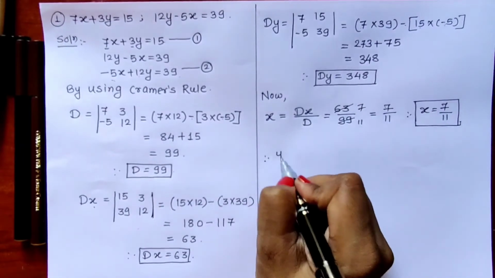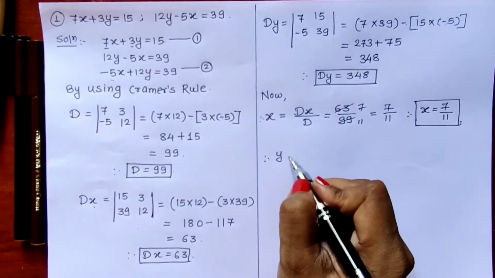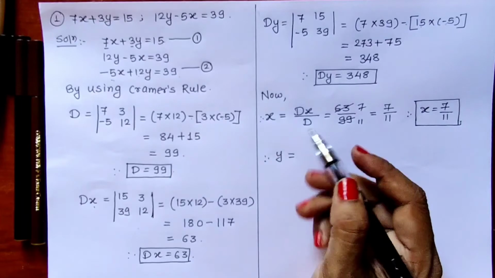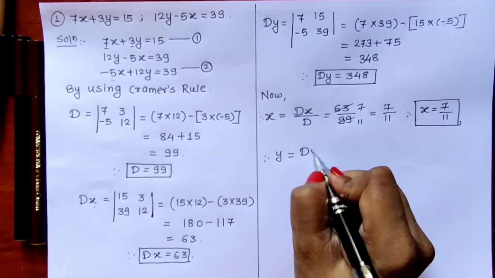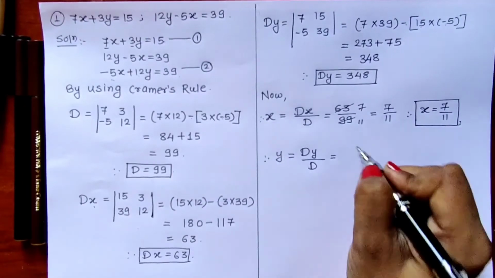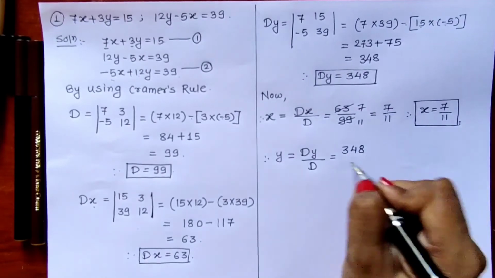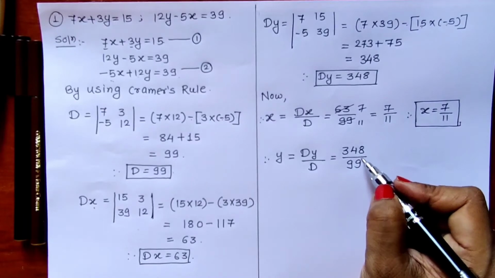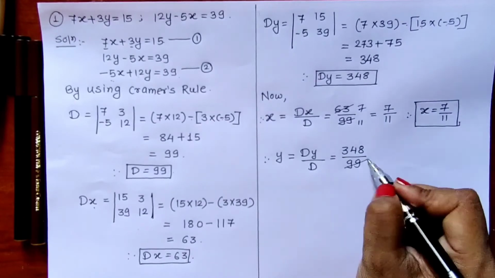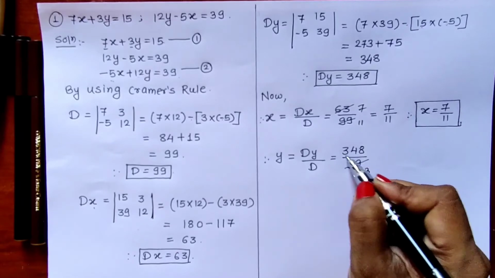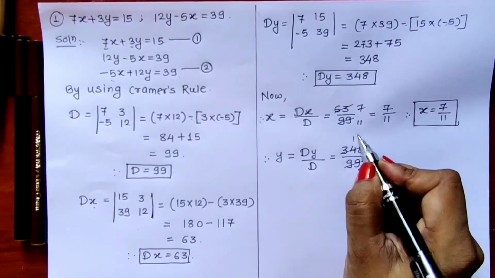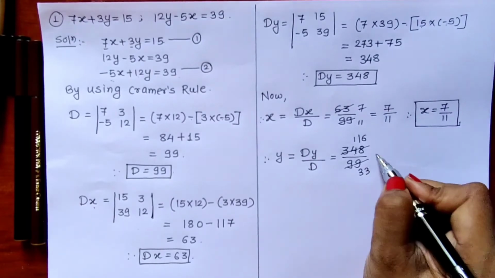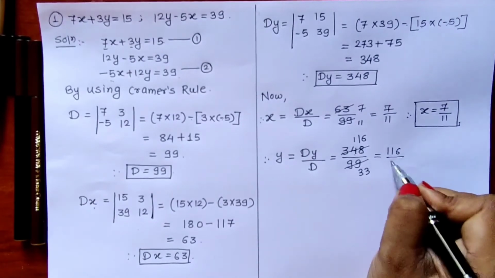Now let us get y. In a few steps, in the beginning, we will have to put the therefore sign. Okay, so y is equal to Dy upon D. Dy is 348 upon D is 99, by which number are both these numbers divisible? I think they are divisible by 3. Okay, 3 3s are 9, 3 3s are 9, 3 1s are 3, then 3 1s are 3, 4 minus 3 is 1 remaining, this 8 means 18, 3 6s are 18, so we have got 116 upon 33.